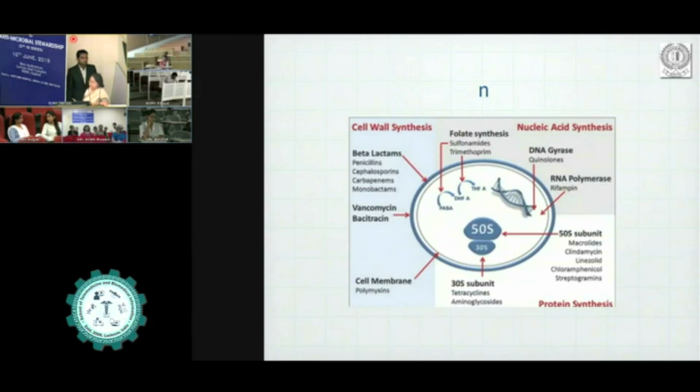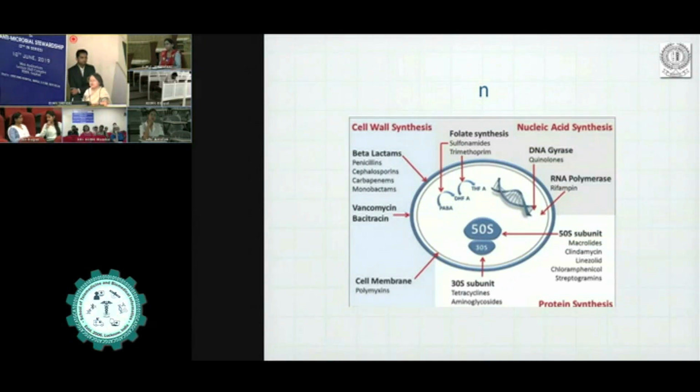Again, those which act on the 50S subunit include macrolides, linezolid, chloramphenicol, streptogramins, all this. Then another group inhibits nucleic acid synthesis, like folate synthesis, and then again DNA, quinolones act on the DNA gyrase, and then RNA polymerase disturbance like rifampicin.